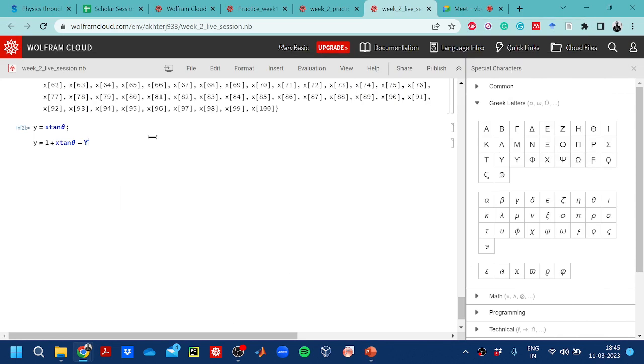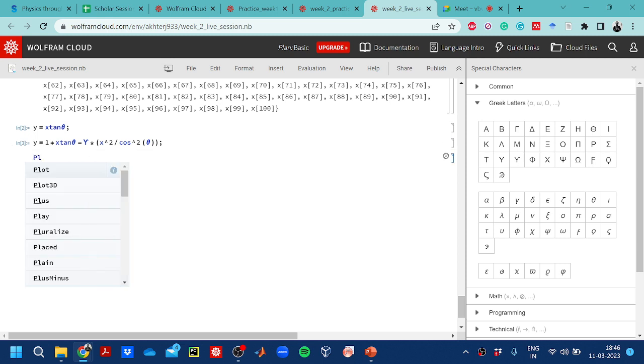So it will be gamma multiplied with x square divided by cosine. So this is our two equation which we want to plot.